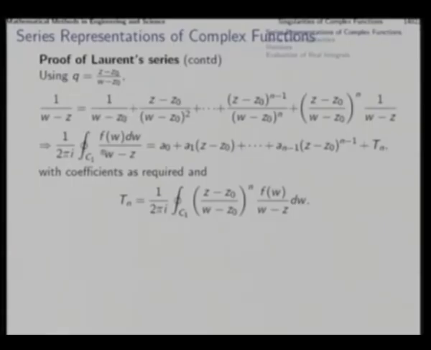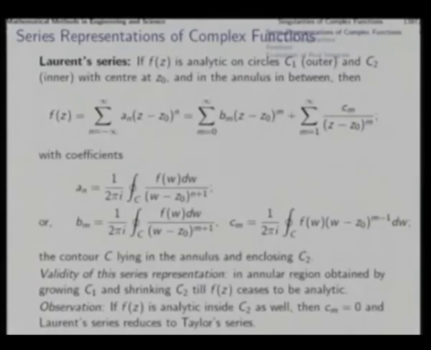Then we divide by 2 pi i, and that will give us a0 according to the formula. Note this formula here: a0 is 1 by 2 pi i, integral around C of f(w) dw over w minus z0, for n equal to 0. So, that will give us a0, right.